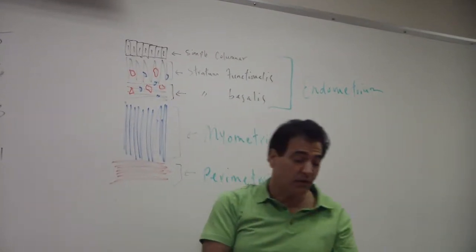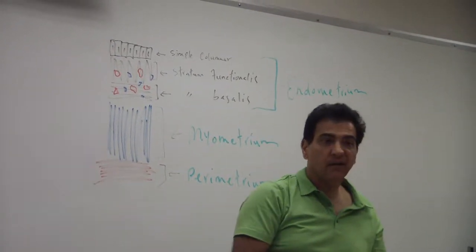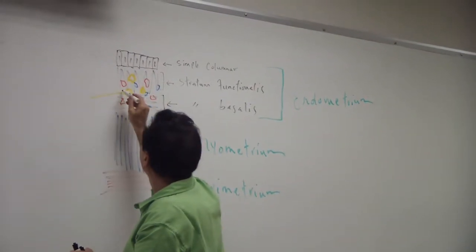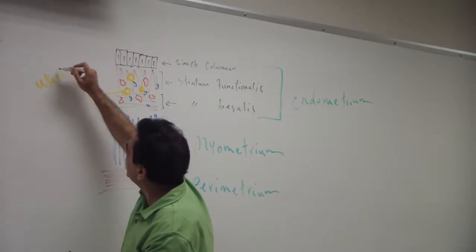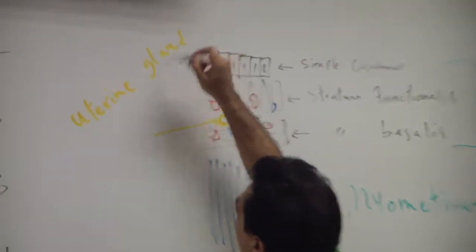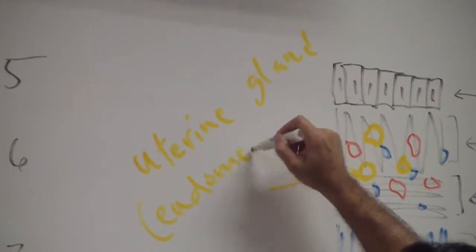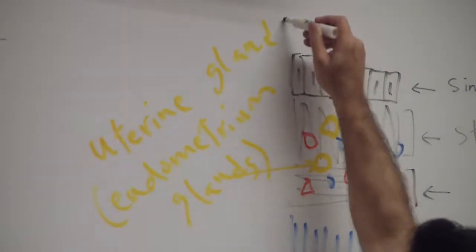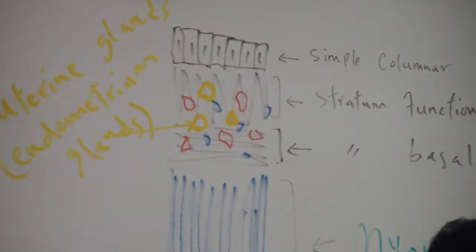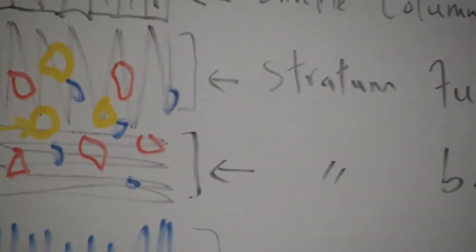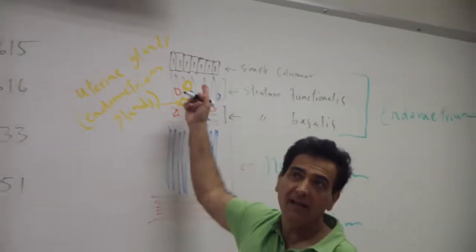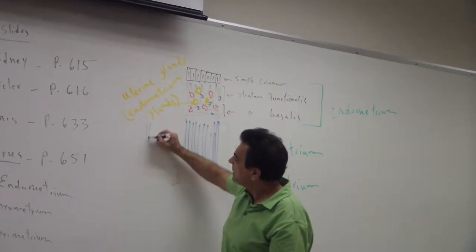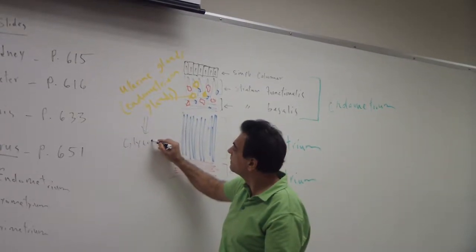And aside from the blood vessels that you have in there, you also have a gland called uterine gland, or endometrium gland. Uterine glands or endometrium glands. And as we're going to find out next Thursday, the function of these endometrium glands in the endometrium is to secrete glycogen.